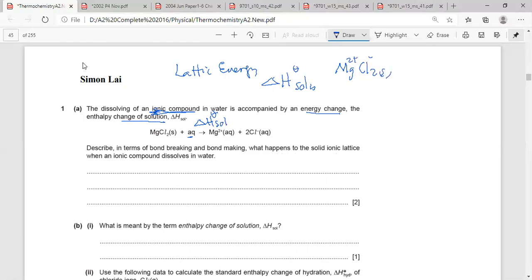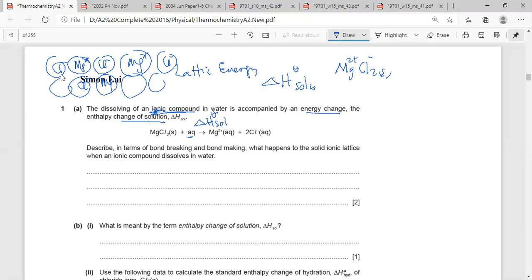That means you have magnesium Mg 2 plus, Cl minus here, and Mg 2 plus here, and Cl minus here. They are all arranged in a lattice. The attraction between them is ionic. I have to separate them first before they can dissolve.